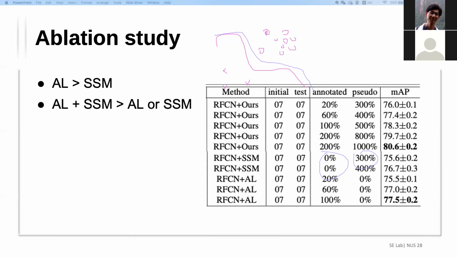So assuming there's the boundary, just like what I said, there are a few samples here and there between the boundaries, and we repetitively add a large number of high confidence data. And how can it improve our classification? The more data you have, definitely you will increase the accuracy.